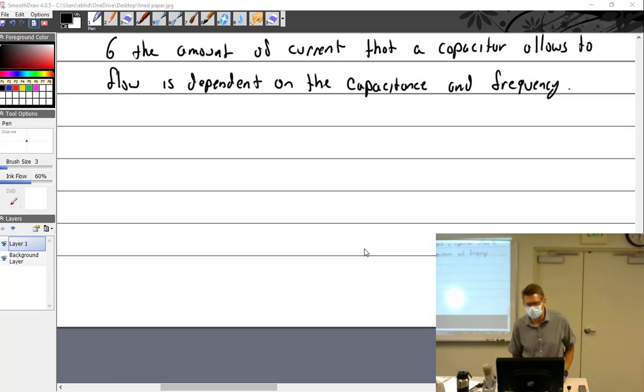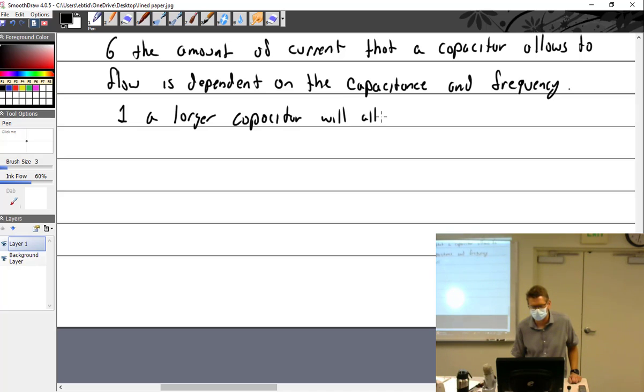The amount of current that a capacitor allows to flow is dependent on the capacitance and frequency. So a larger capacitor will allow more electrons to flow, obviously. We'll just say more current flow.